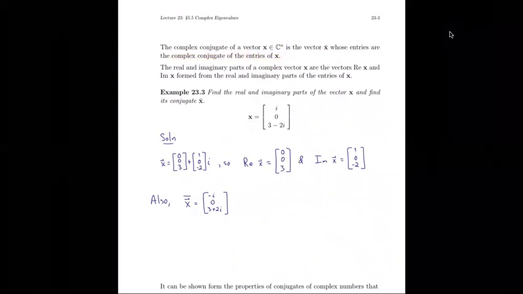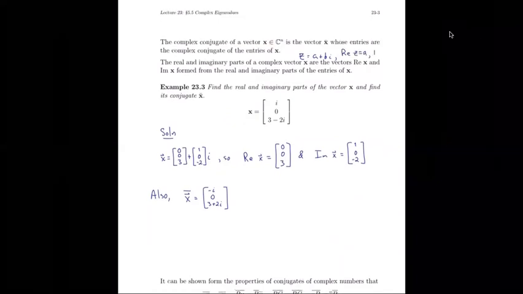Another tool that we'll need is to know the real and the imaginary parts of a complex vector x. Remember, I talked about the real and imaginary parts of a complex number z equals a plus bi. Well, for a complex number, the real part of z is a, and the imaginary part of z is b.